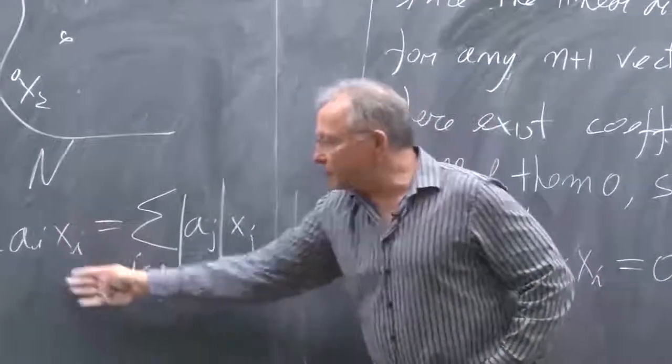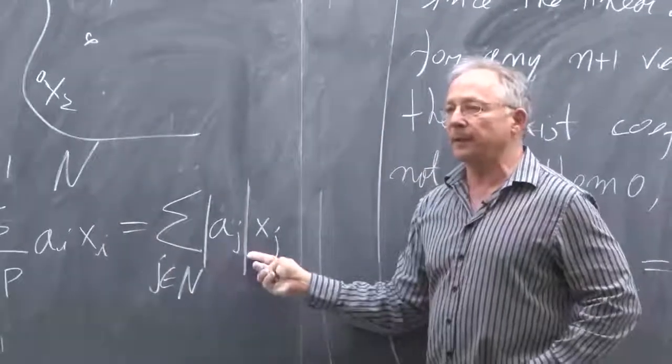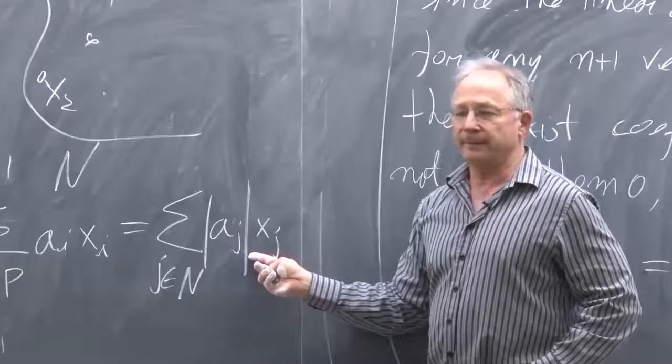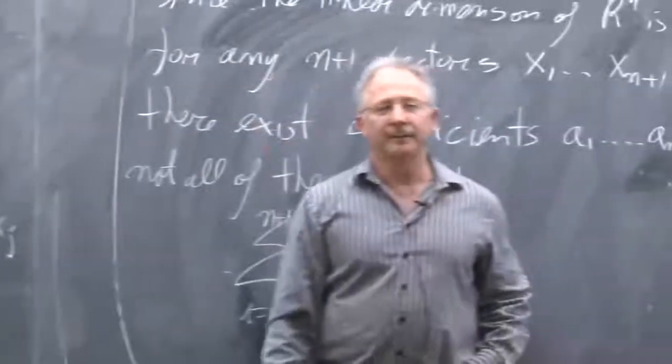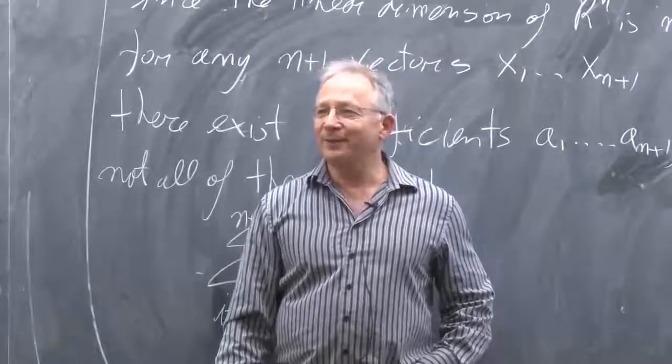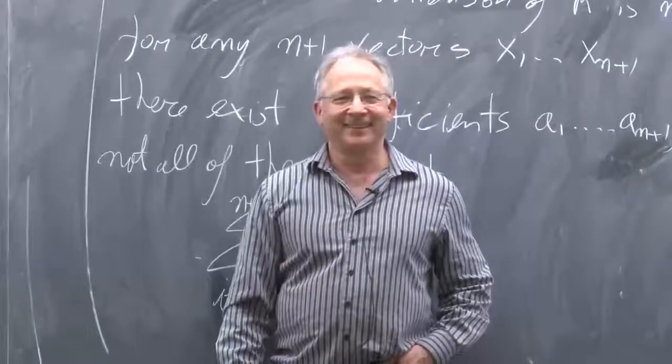But since I moved them to the other side, the negative coefficients became their absolute value. Don't give me this look. It's not so complicated. Yes?